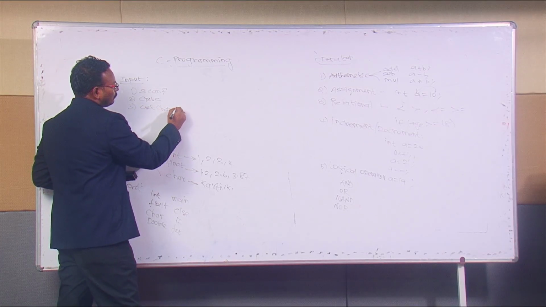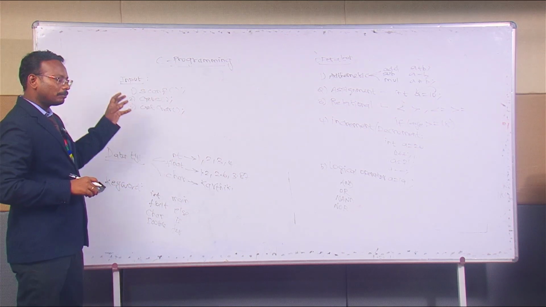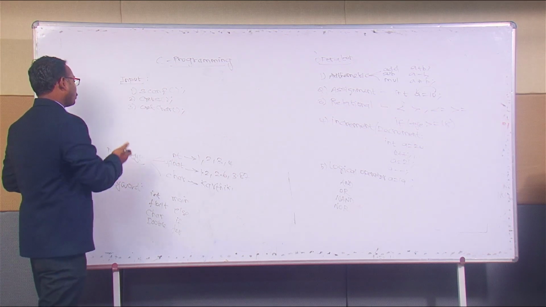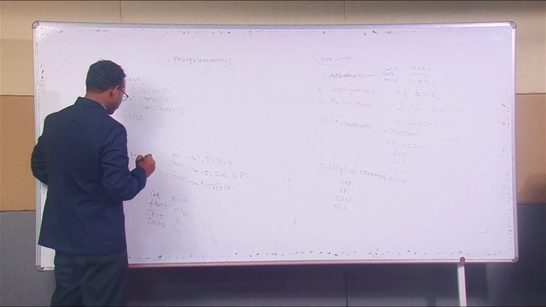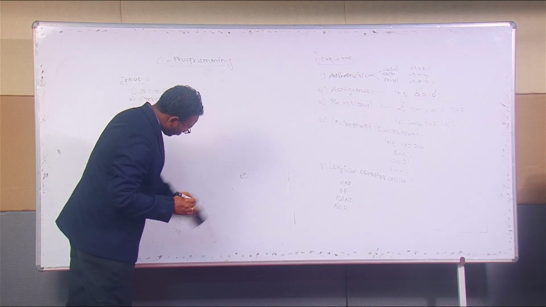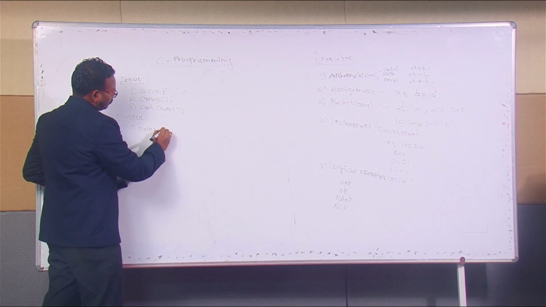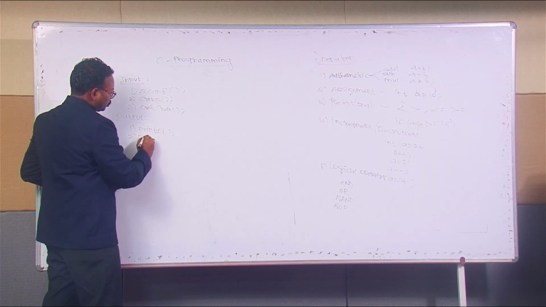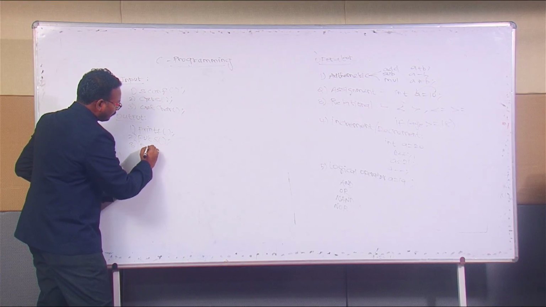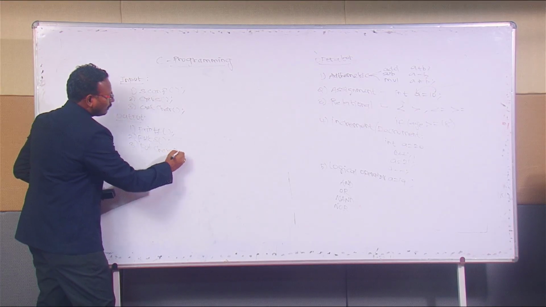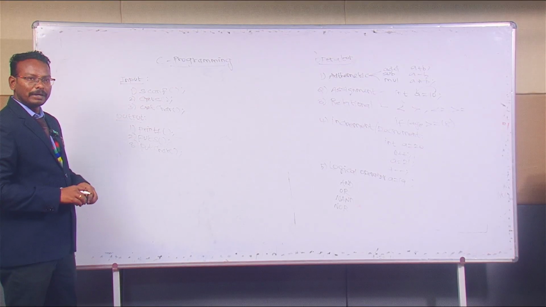These are the functions used for input statements in C programming. And the next one is output statements. What output statements are used in C? printf, puts, and the third one is putchar. These are the various input output statements used in the C programming language.